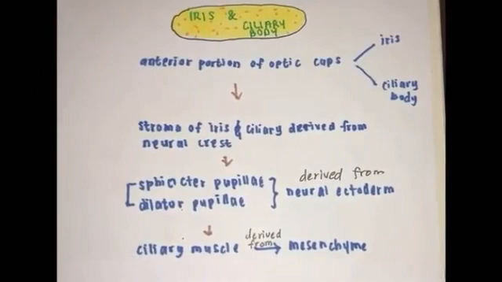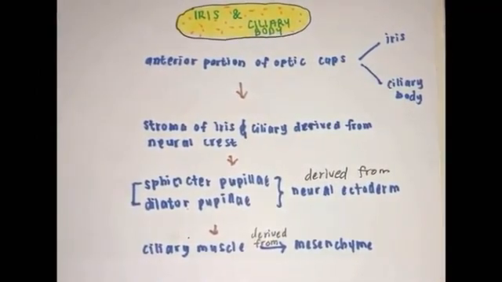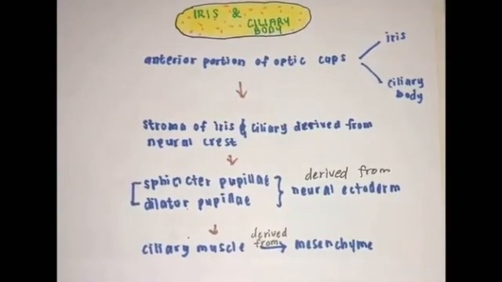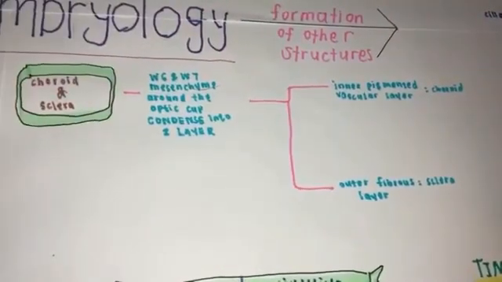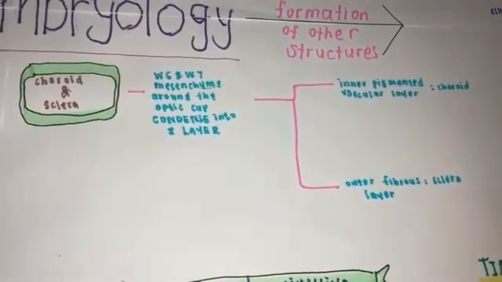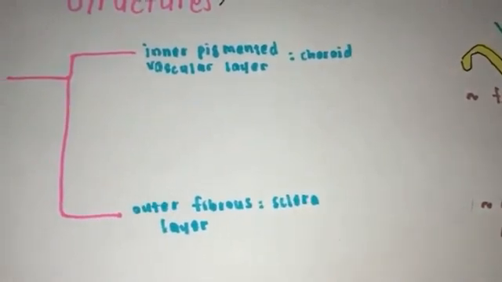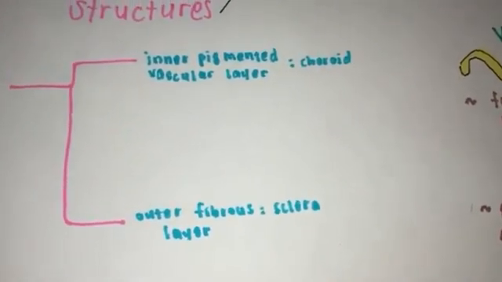Also, we have development of the iris and ciliary body. This is development of the choroid and sclera. And this is the layer that forms the choroid and sclera.